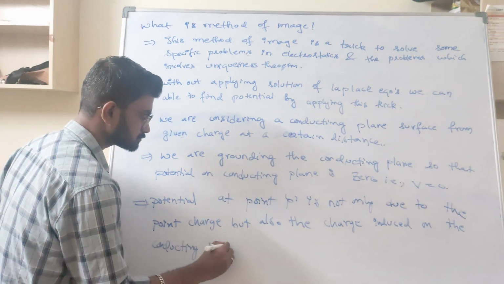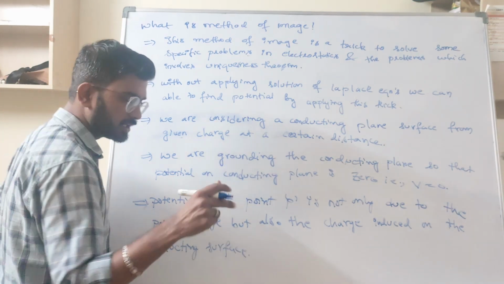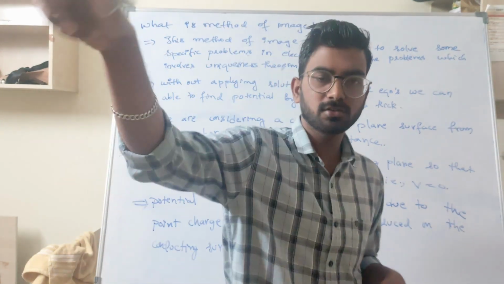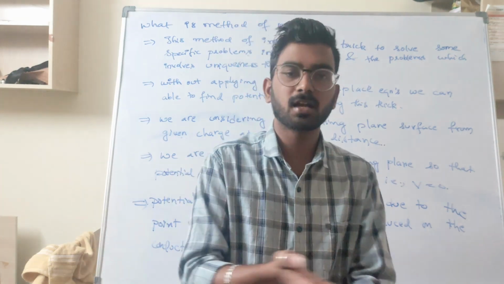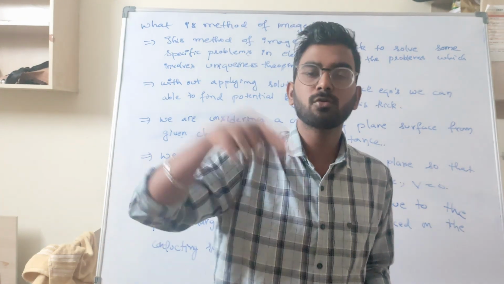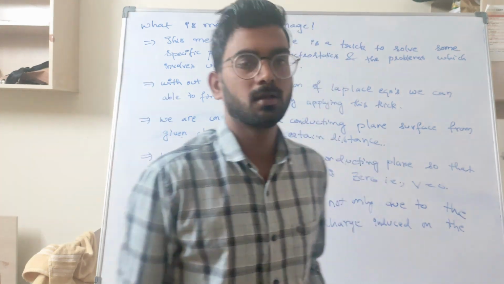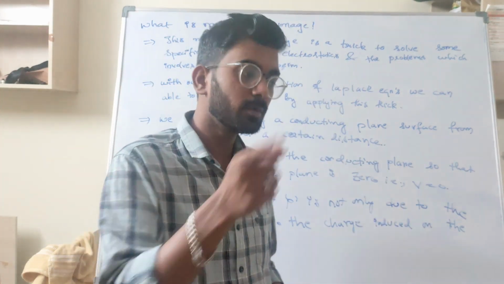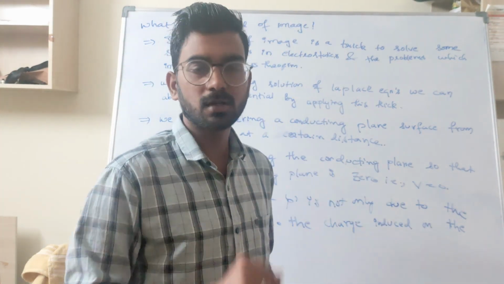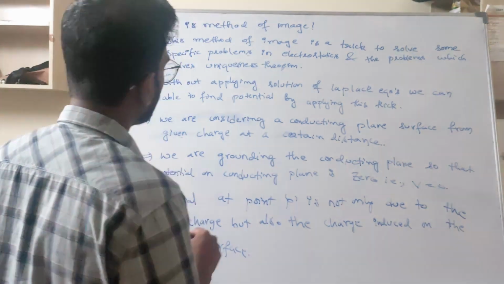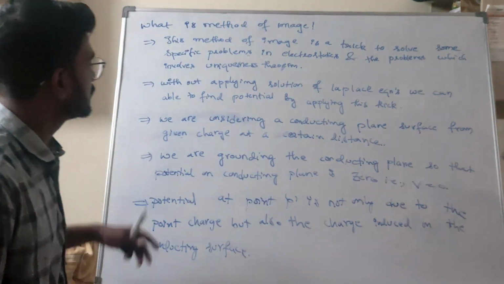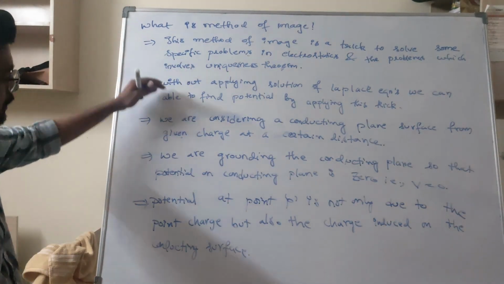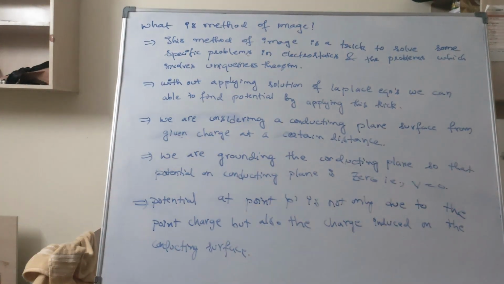The charge present on the conducting surface also contributes to the potential at point P. If you consider only the point charge, then your answer will be wrong. Note down these points, they are very important; this is the definition and some important points regarding the method of images.